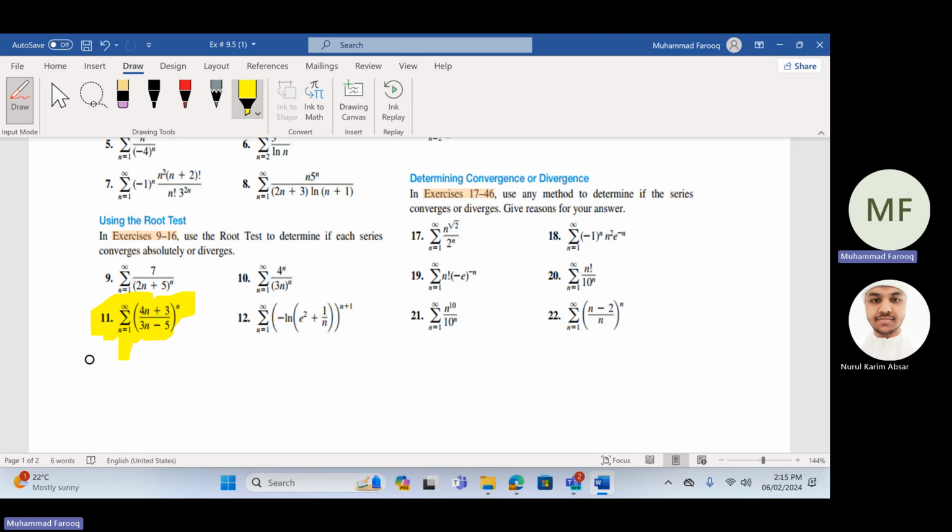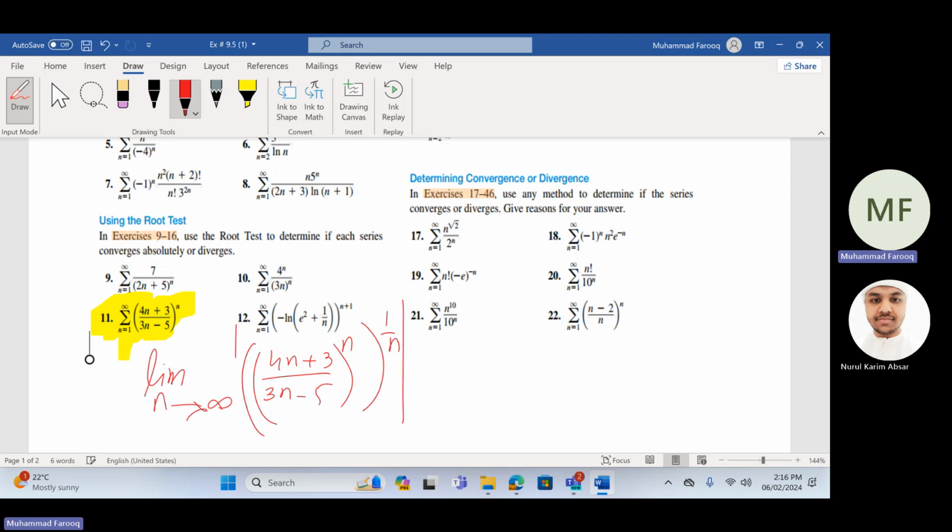If you apply the root test here, limit as n approaches infinity of 4n plus 3 divided by 3n minus 5, which has n powers. Root test means we need its nth root, then you cancel that, with absolute value.